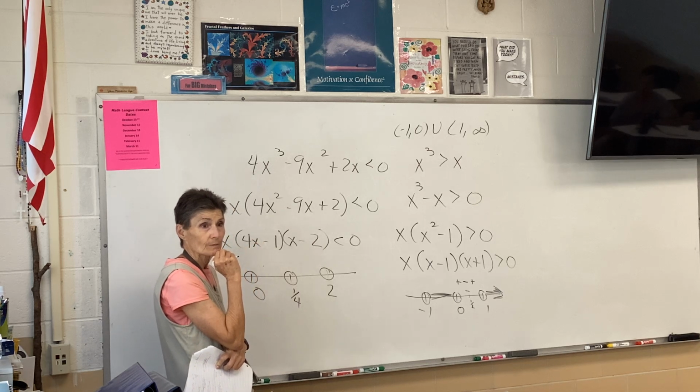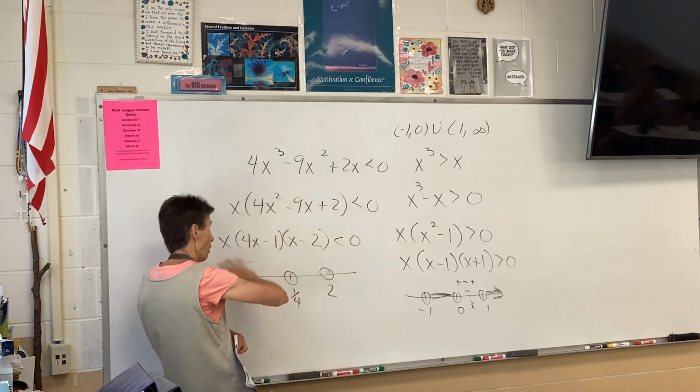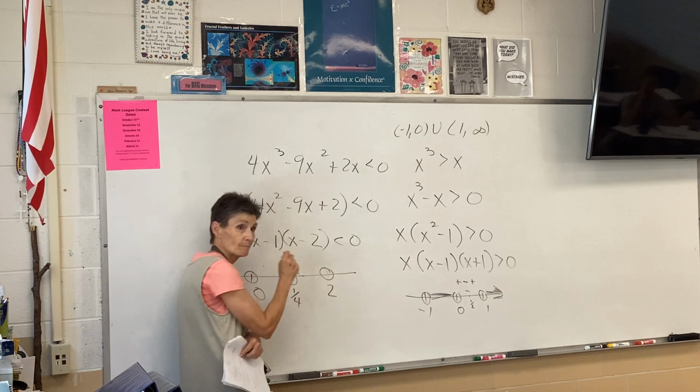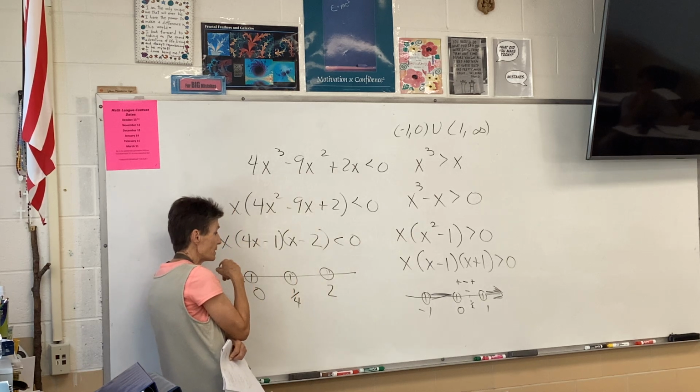Use 1. And then if I'm gonna show all my work, then I'm gonna try a number in each section. If I don't need to show all my work, then I'll just pick one number.